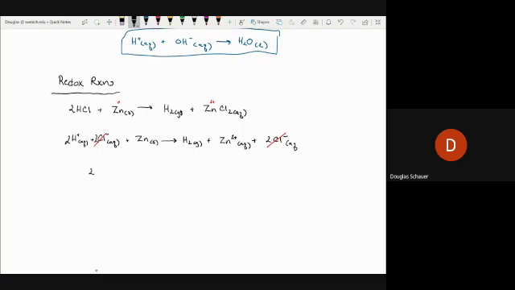So we have 2H plus plus zinc yielding H2 plus Zn2 plus.